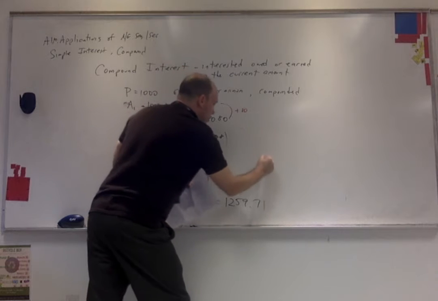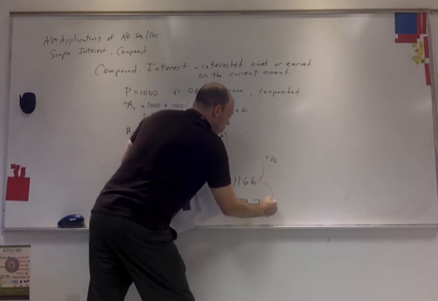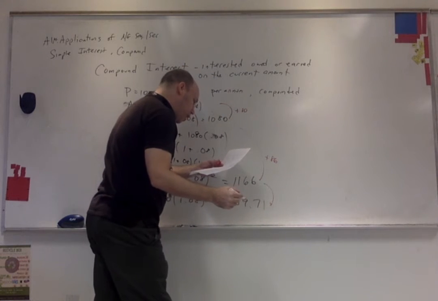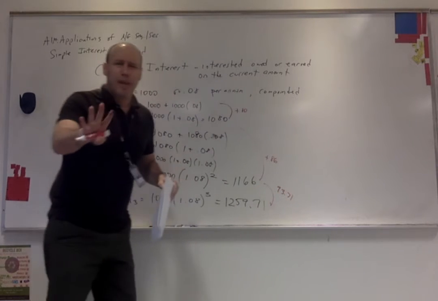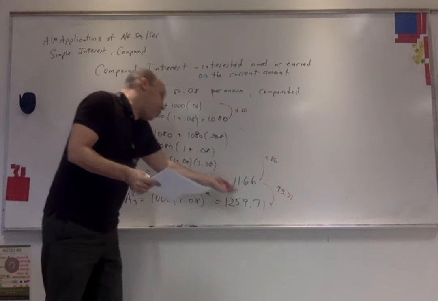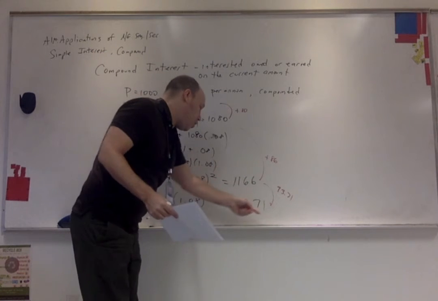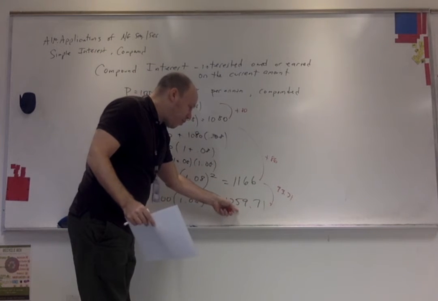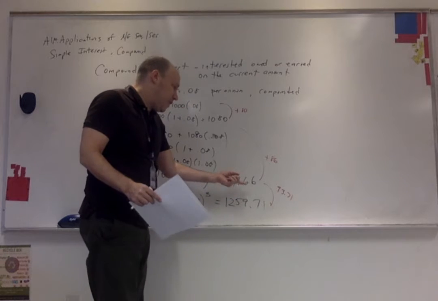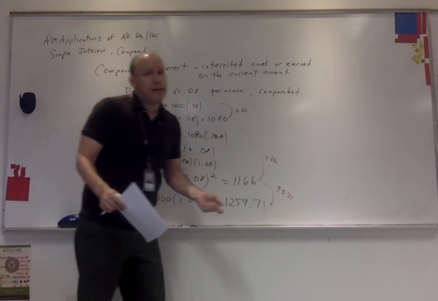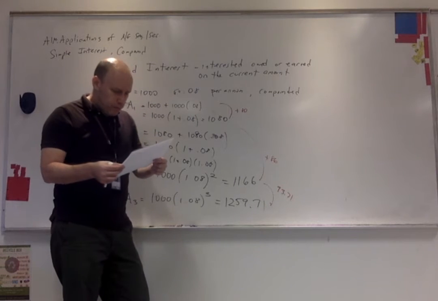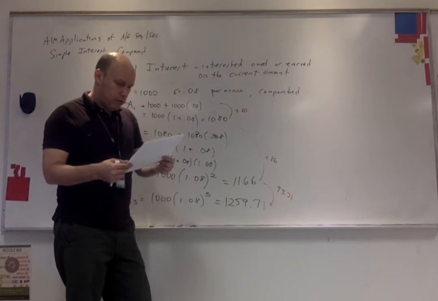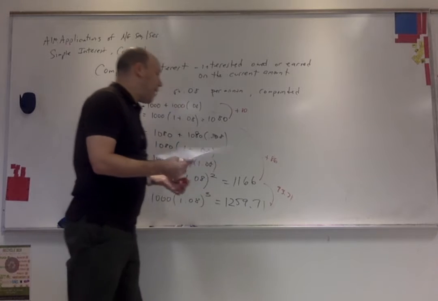This is plus 86. This is plus 93.71. It's not really important, but I just subtracted: 1259.71 minus 1166. Oh, it increased by 93.71. That's not really important. And yeah, that's the idea.